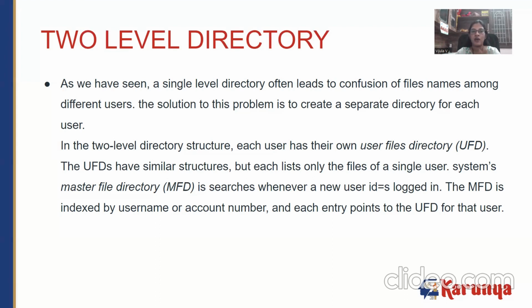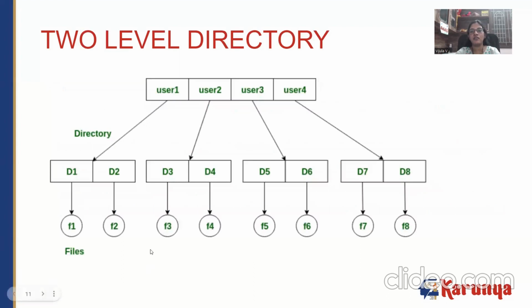This is how the two-level directory was introduced, and this is all that happens under the two-level directory. So this is the representation or structure of it. In the single level directory we had the directory and different files, but here we have users, and each user has a separate directory.